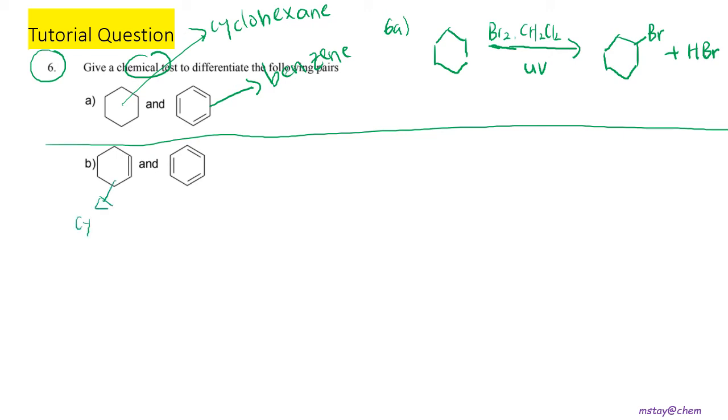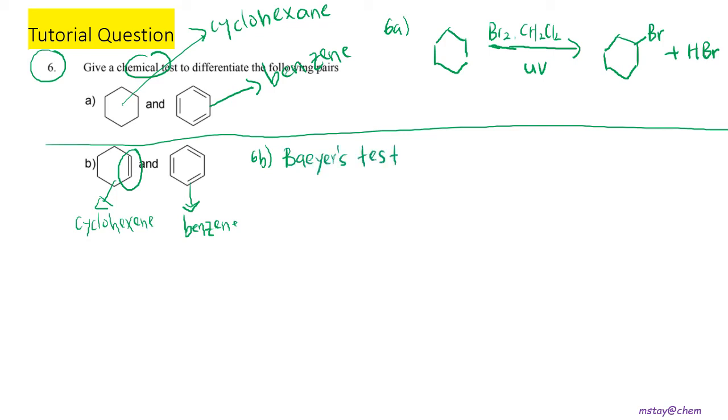So 10b is cyclohexene and this is benzene. When we see a carbon-carbon double bond, we know that we are going to use the Bayer test.